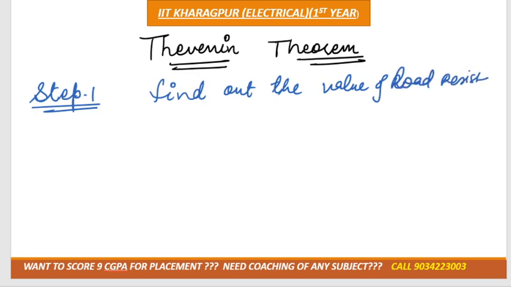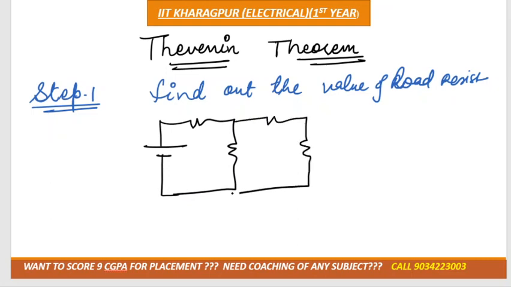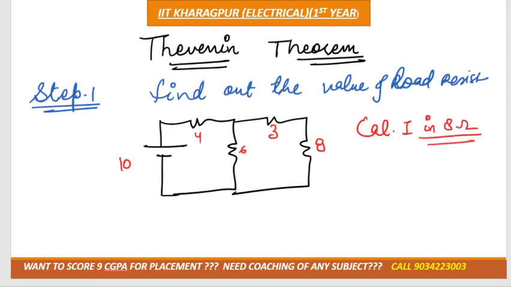Okay, like I'm drawing one diagram, and in whichever branch they ask you to calculate the current, that resistance is the load resistance. Suppose they ask you to calculate current in 8 ohm, so 8 ohm is your load resistance.